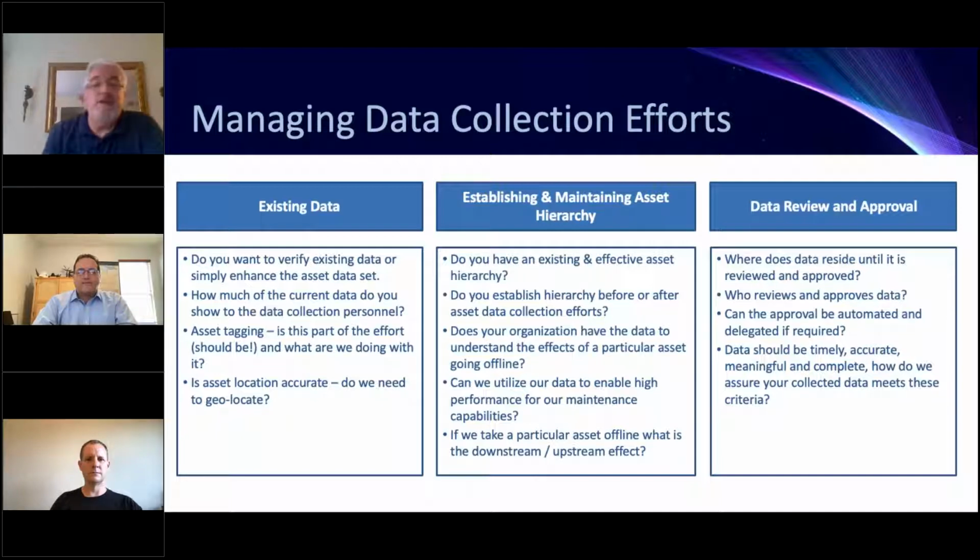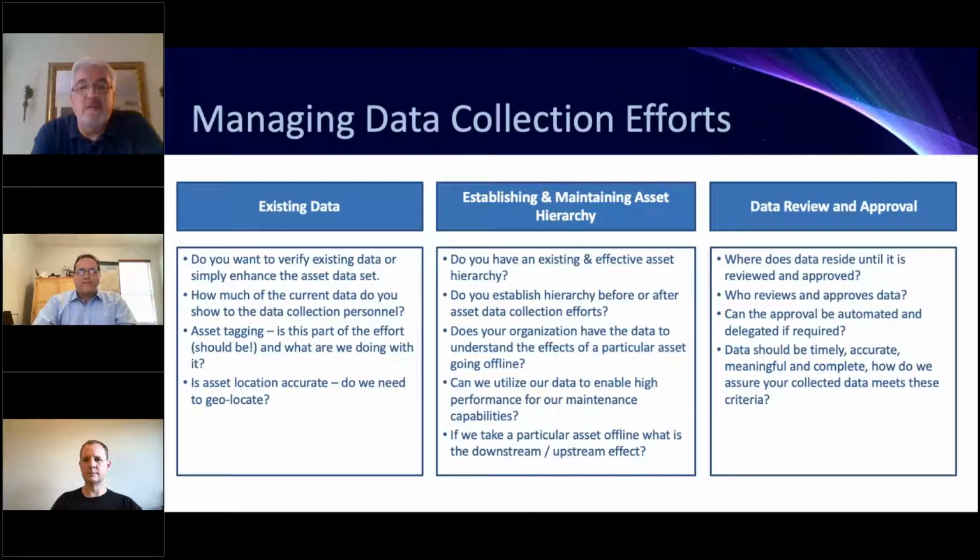So how do you get that in there? If you're looking at existing assets, perhaps you already have the hierarchy and you just want to enhance the data for the particular assets, or let's get a collection of assets and then put the hierarchy in place. So that's a big topic and not something we're going to touch on in detail here.